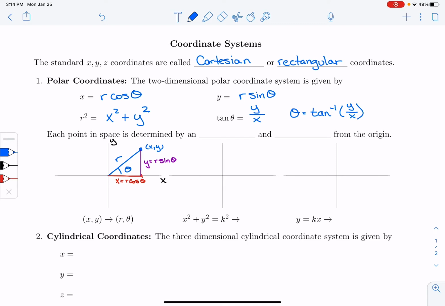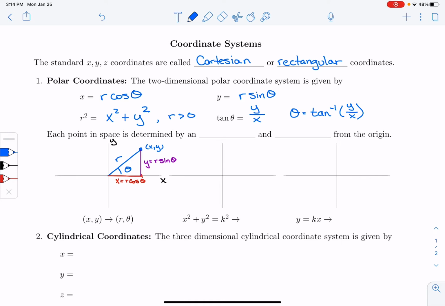A couple of things that we should note about this coordinate system is that because r is a distance, r should always be positive. So here we're going to say that r is always greater than 0. And then we have to specify where we want our theta to be located.